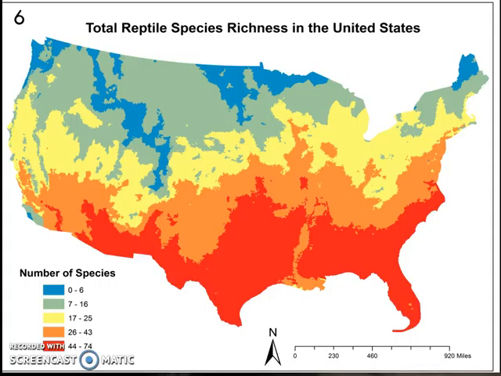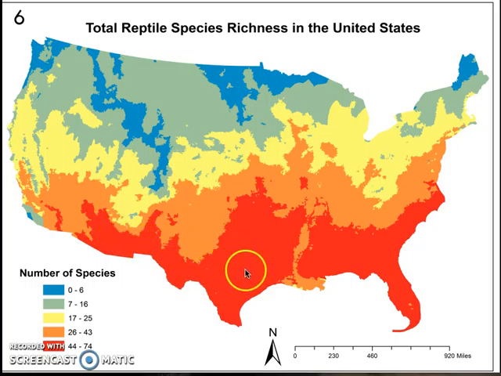So here I just wanted to show you how species richness can be quantified on a graph. In this we're looking at the species richness of reptiles in the United States. The red would be more numbers of species and the blue would be fewer numbers of species. And as you can see, clearly there is a trend here.